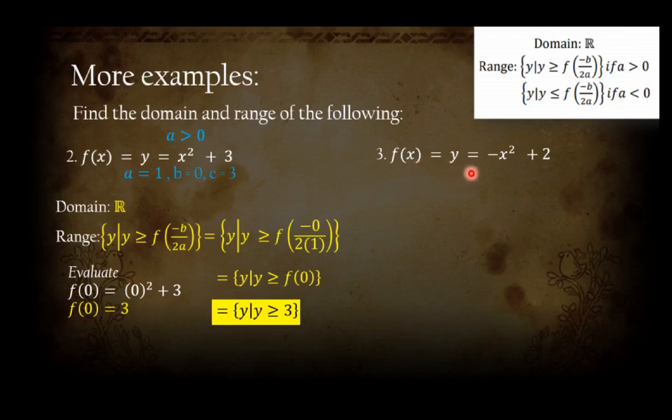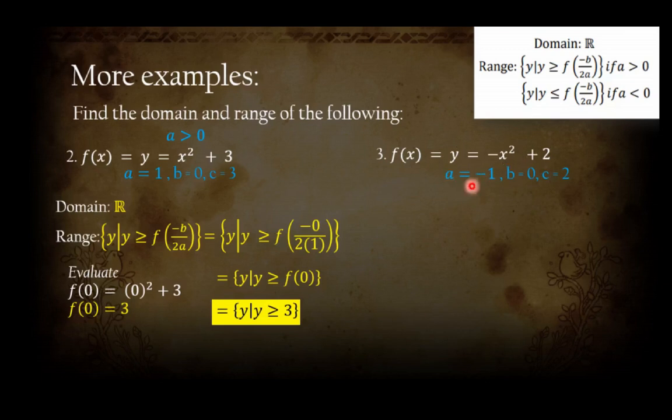The next one is f of x equals y equals negative x squared plus 2. Okay? Why do I still put y here? You can also just write f of x, but for me to demonstrate what it looks like, you can also write y here. As we continue, we specify the coefficients in each given term.